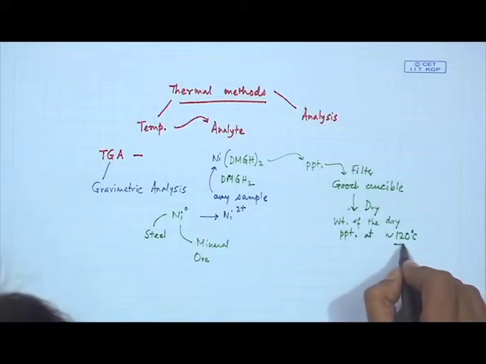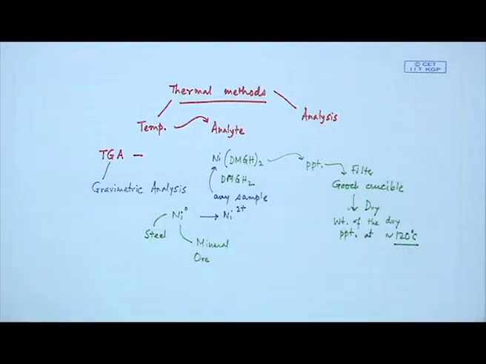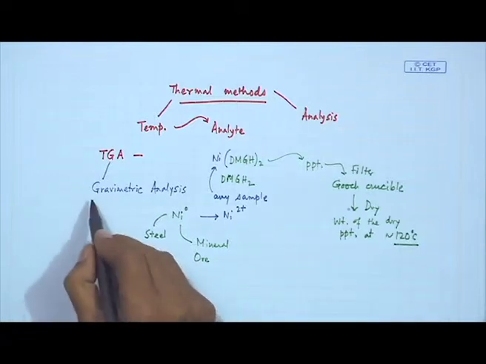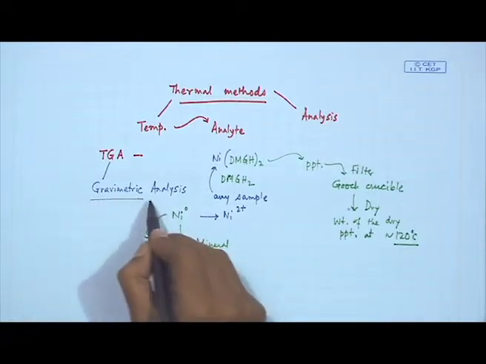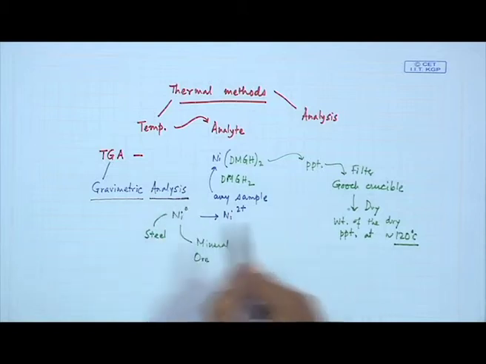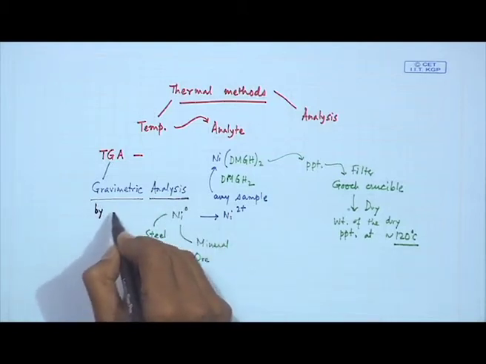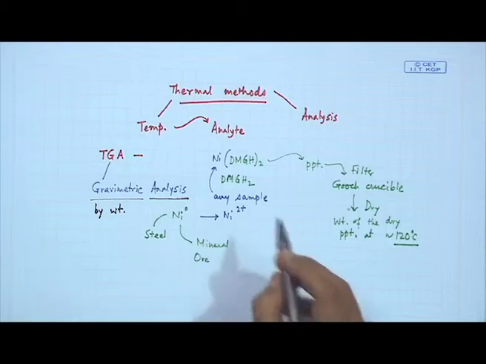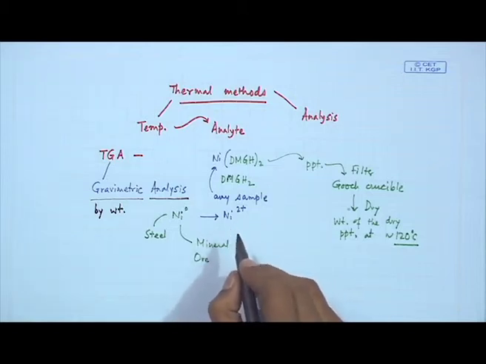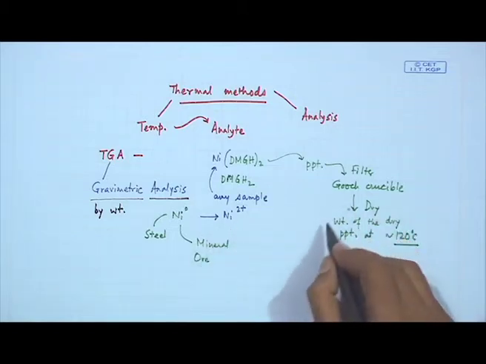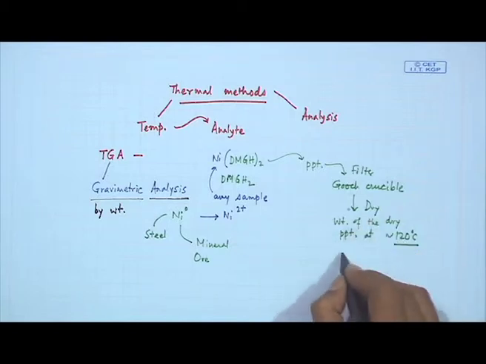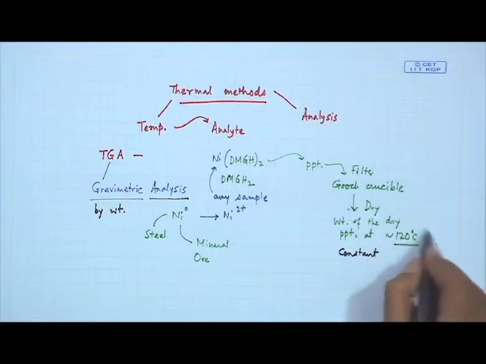So, there comes the idea about the introduction of temperature. Unknowingly we are doing gravimetric analysis, that means by weight. Gravimetric means by weight we are doing some analysis, and the weight of the precipitate should be constant at this particular temperature.